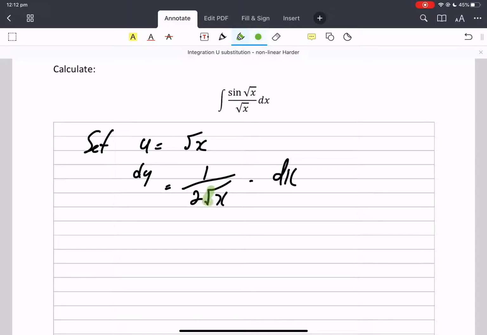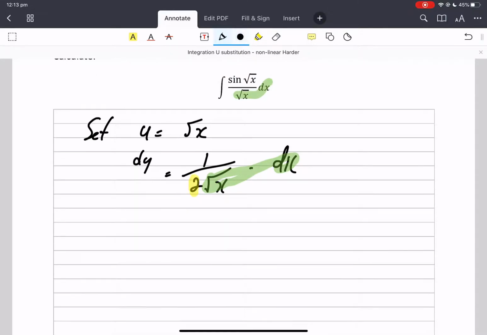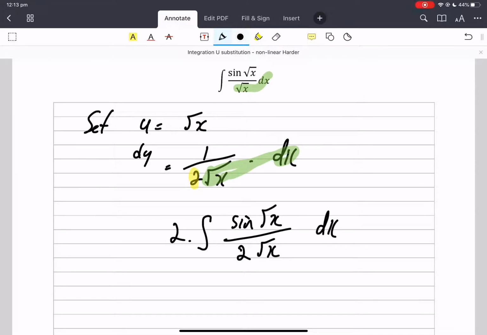And you can see, there we go. That's what we're chasing. So the thing that's not there is the 2. So when we rearrange this integral, we need to put a 2 there. There needs to be a 2. So if a 2 goes down the bottom, a 2's got to go out the front. Now we have the whole substitution there for the du.